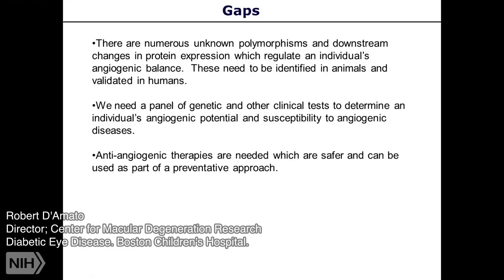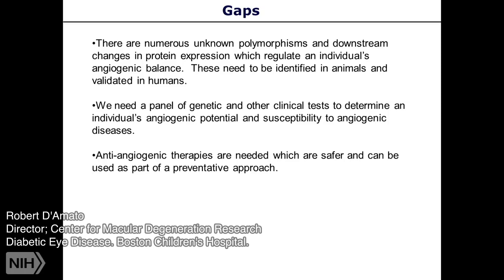And so I conclude with the gaps, which is that there are numerous unknown polymorphisms that are yet to be worked out, and the downstream protein changes that regulate angiogenic potential. We need to identify these in animals and then validate them in humans, to see whether the same genes and the same proteins that regulate angiogenesis in animals are also present in humans.